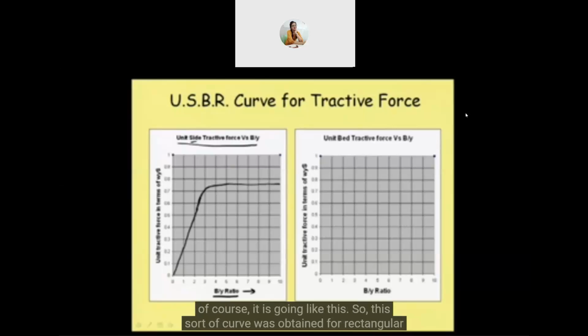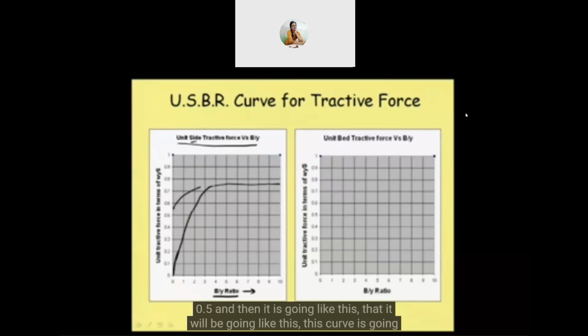So this sort of curve was obtained for a rectangular channel. Well, I must say that my curve may not be exactly like the curve that was given, but I am just trying to show what the trend is. So this is for rectangular. And then for trapezoidal, again it will be starting from a little higher, about 0.5, and then it is going like this. My space is less and the paint tip is a little larger, but still, let me try.